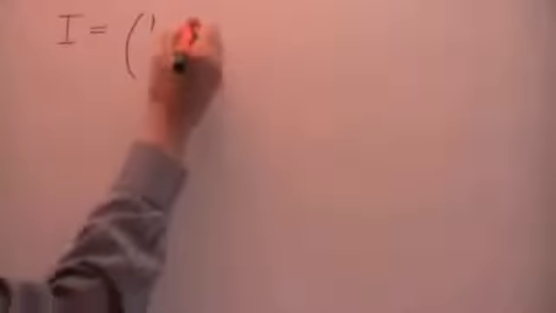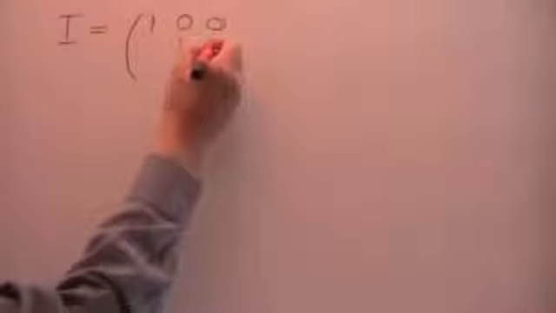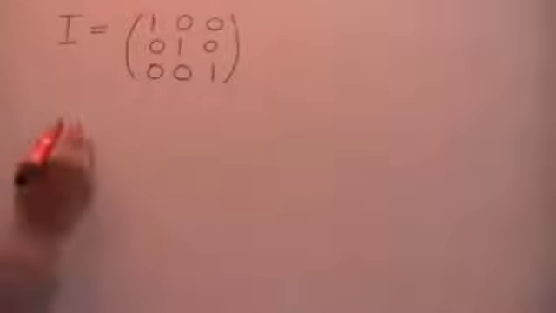Let's continue with these concepts. In the first video, I introduced you to what's called the identity matrix, or the identity operator, which I said was simply a matrix which had 1 on the diagonals and 0 everywhere else. But I didn't tell you what it did. So now let me explain.